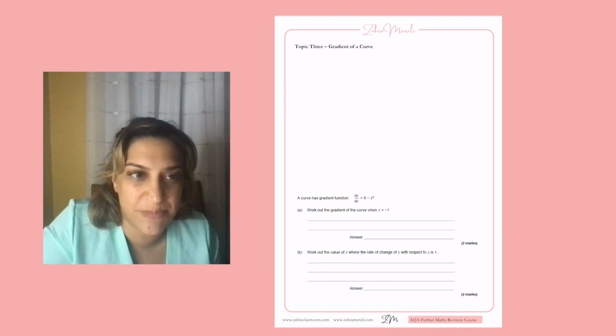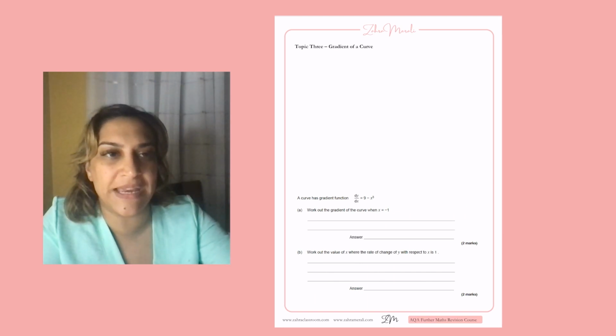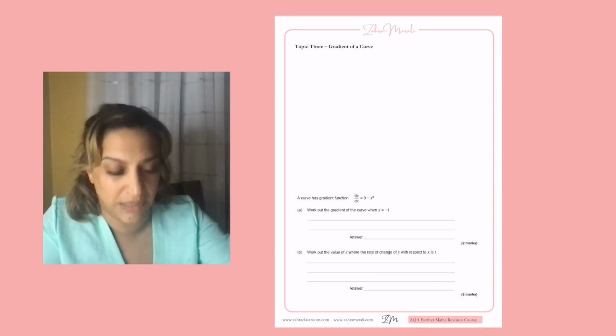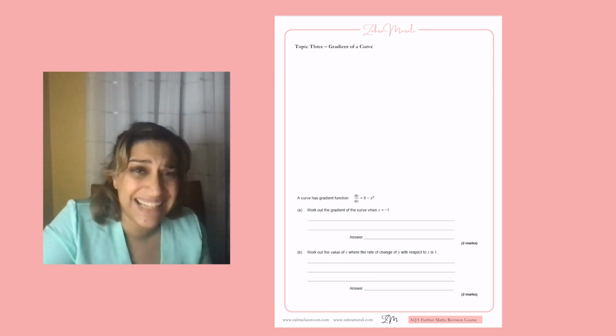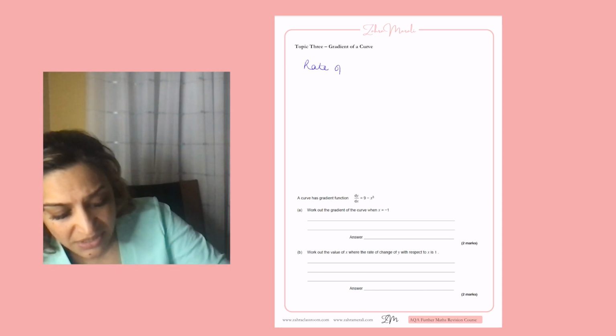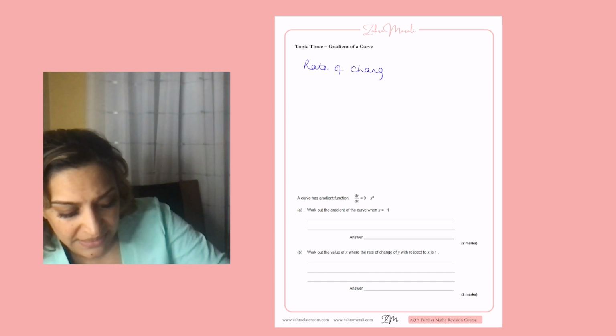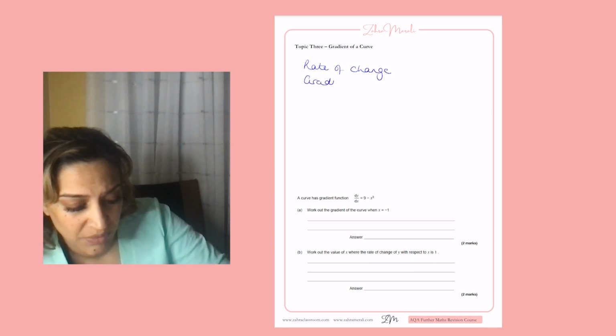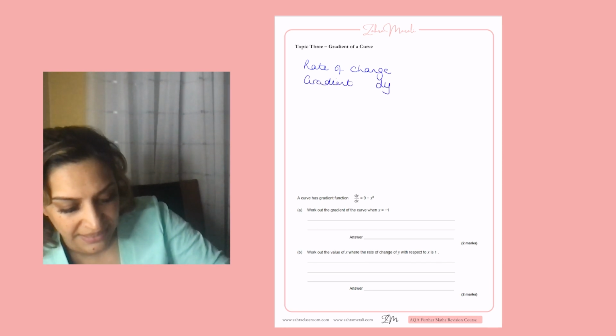Okay, the next bit, we're looking at the gradient of a curve. Now, exactly the same. Rate of change, gradient, all of these things are different ways when we talk about dy/dx.